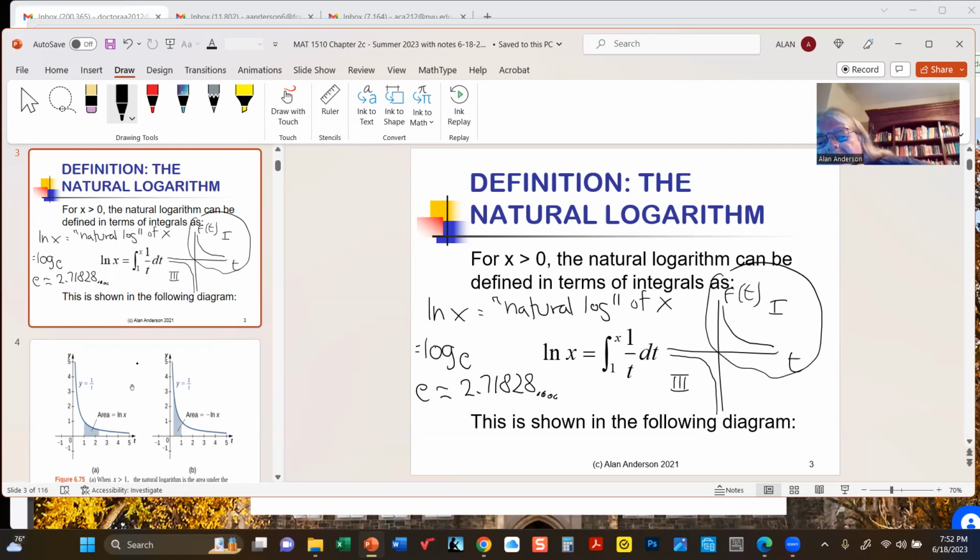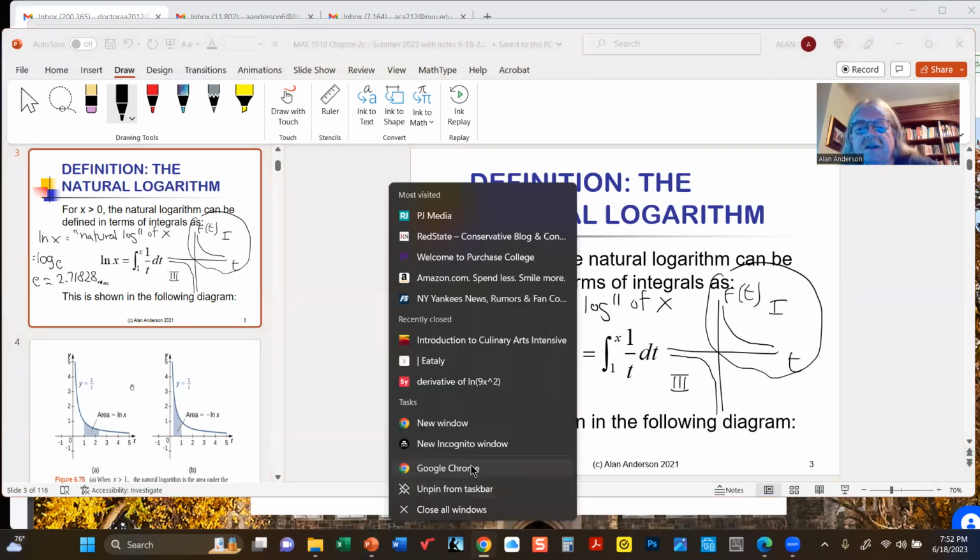So basically, what they're telling us here is that if you integrate the function 1 over t, and this little drawing here tells you what it looks like. In fact, we could go back to Symbolab real fast and see how it draws this.